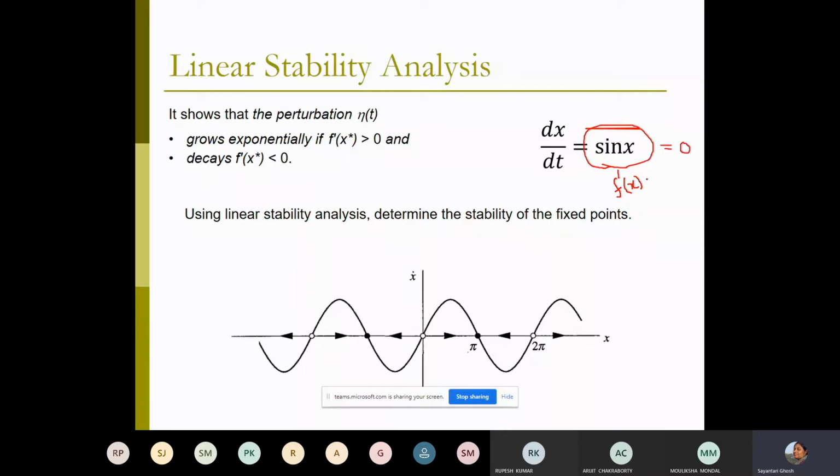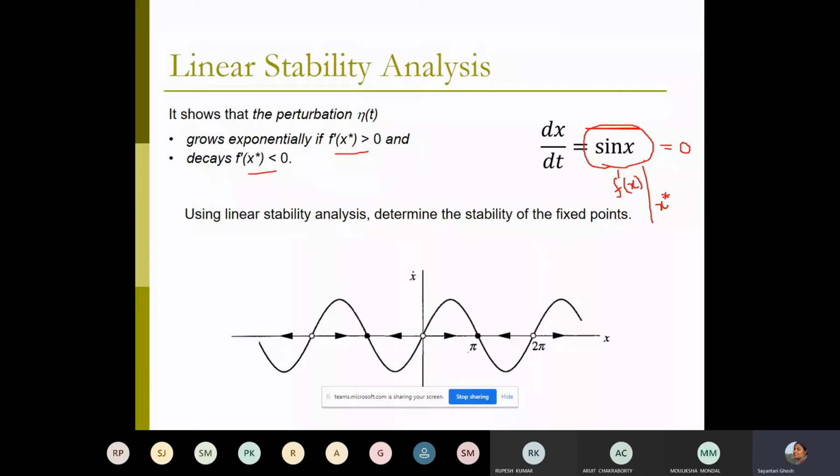Call those points x star, and plug in that value of x star in the f prime(x) that you have figured out. See if it is greater than 0 or less than 0. Greater than 0 gives you exponentially growing fluctuations.